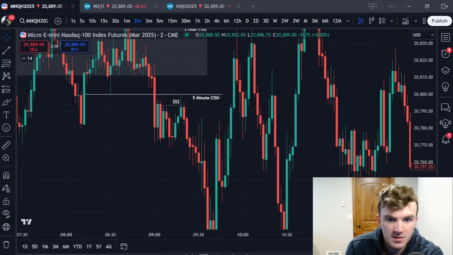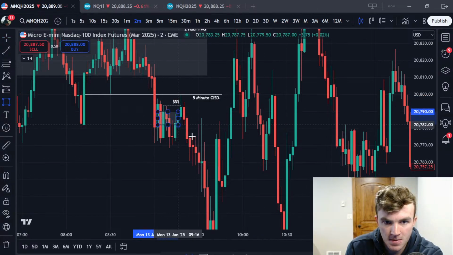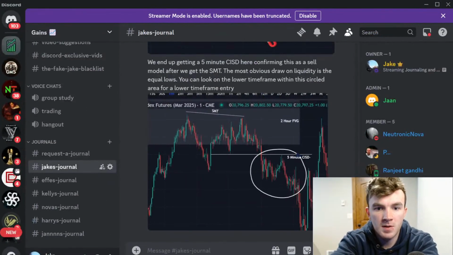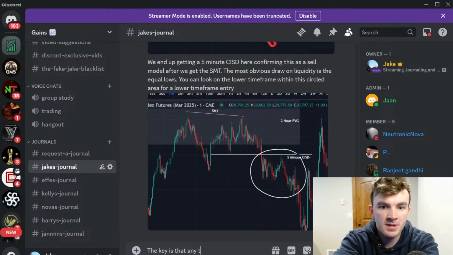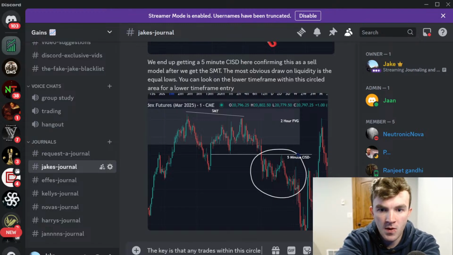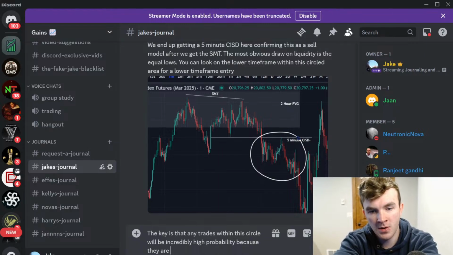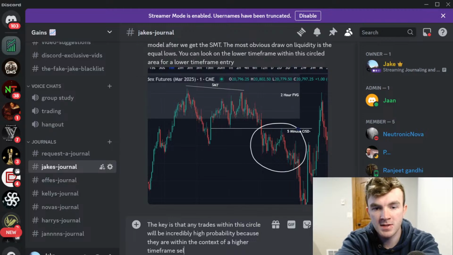You have these down close candles here. The key is that any trades within this circle will be incredibly high probability because they are within the context of a higher time frame sell model.